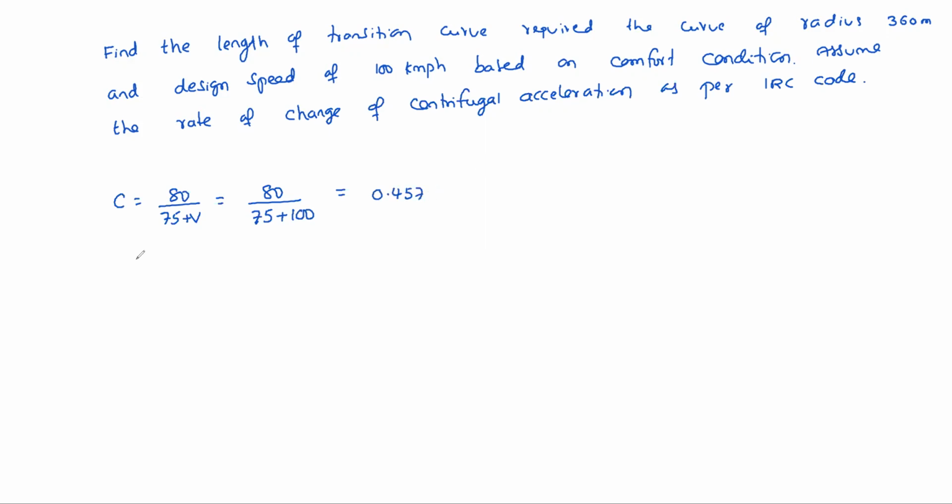Actually, C should be restricted between 0.5 and 0.8. So take C equal to 0.5. So it is getting less than 0.5, so we need to take 0.5.